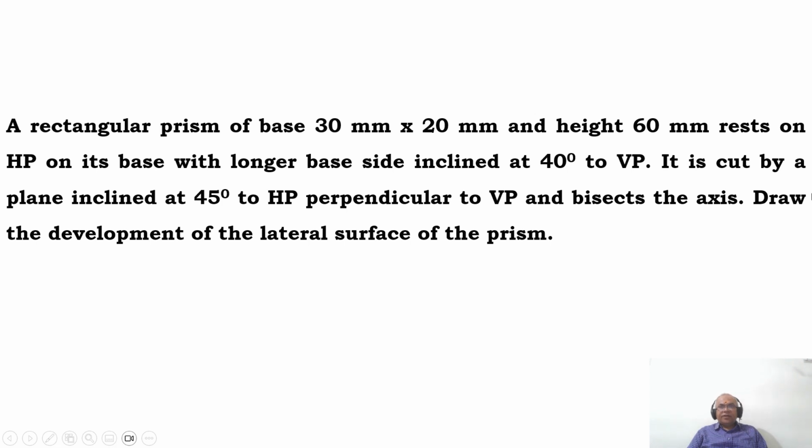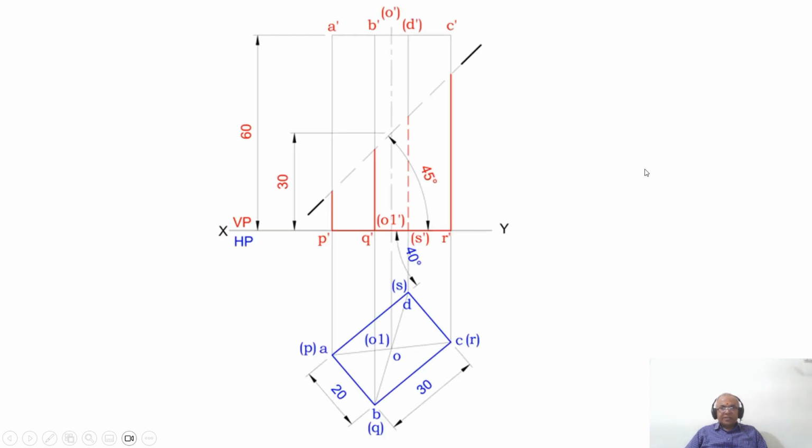He says in the problem the longer base side is inclined at 40 degrees to VP. So which is the longer base side? The longer base is AD, which is 30 mm, or BC, which is also 30. These two longer edges are parallel to each other, and they make an angle of 40 degrees with respect to VP.